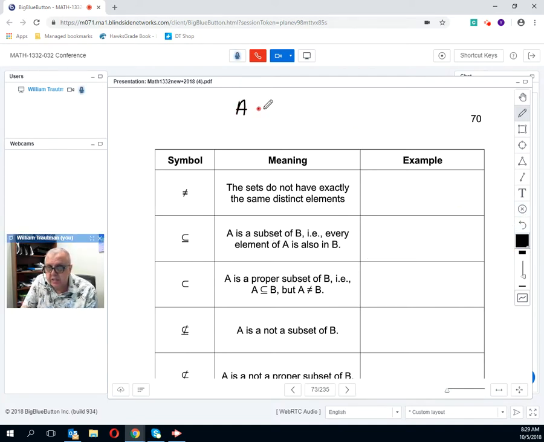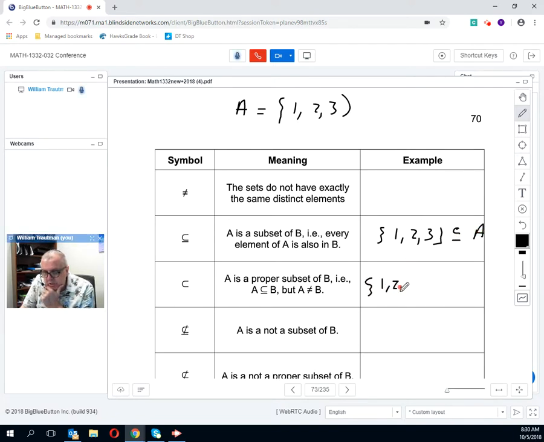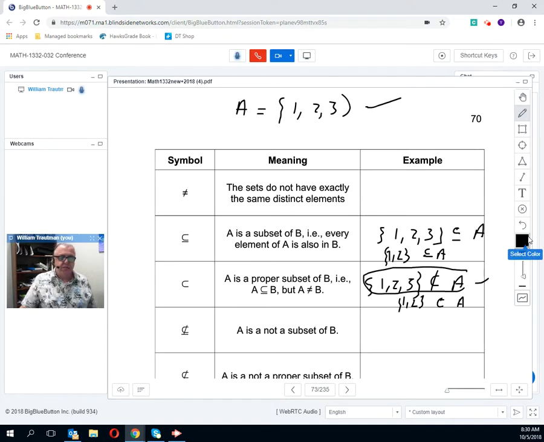If I have A equals 1, 2, 3, then 1, 2, 3 is a subset of A. However, 1, 2, 3 is not a proper subset of A. In a proper subset, you cannot have the exact same thing. 1 and 2 is a subset of A. 1 and 2 is a proper subset of A. The only thing that's not a proper subset is the exact same set that we're talking about. So that's what you should get out of 5.2.